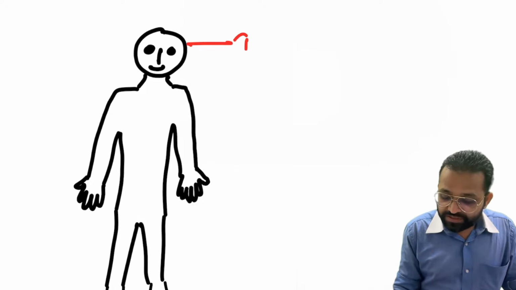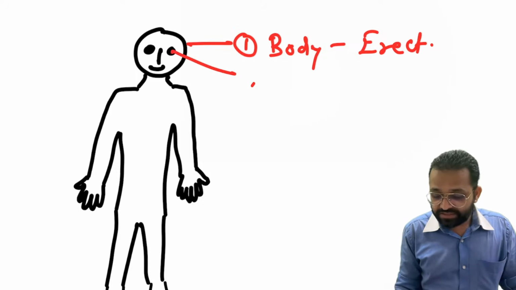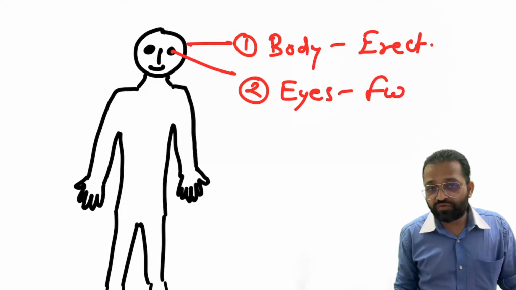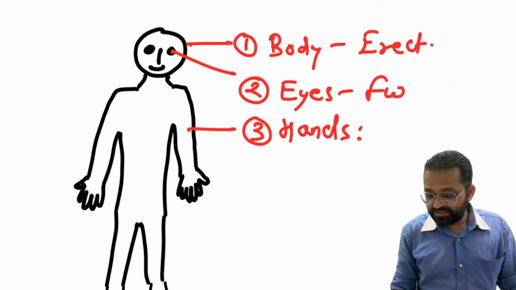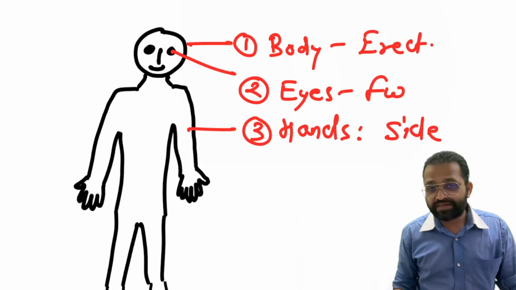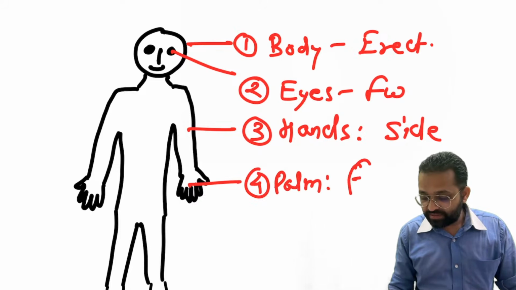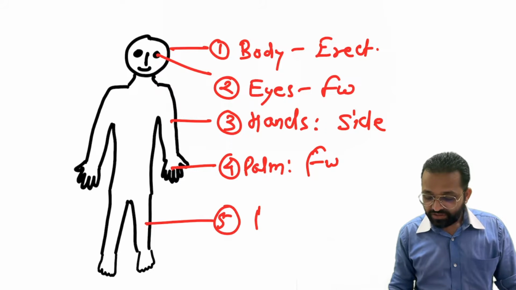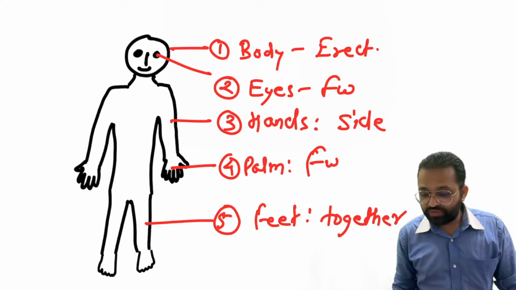One by one. First, body erect. Next, eyes forward. Next, hands hanging by the side. Next, palms directed forward. Next, both feet together.